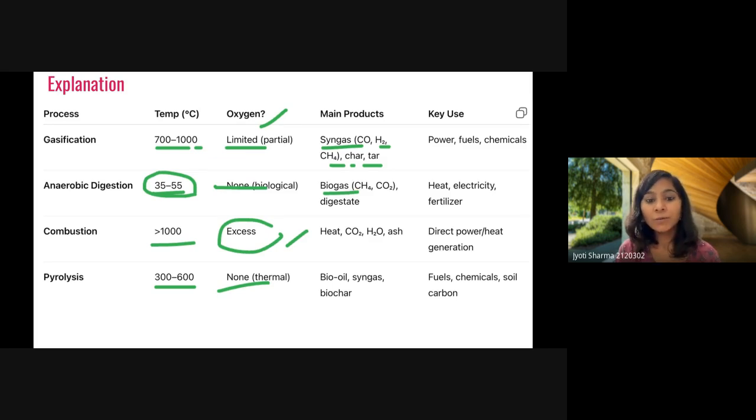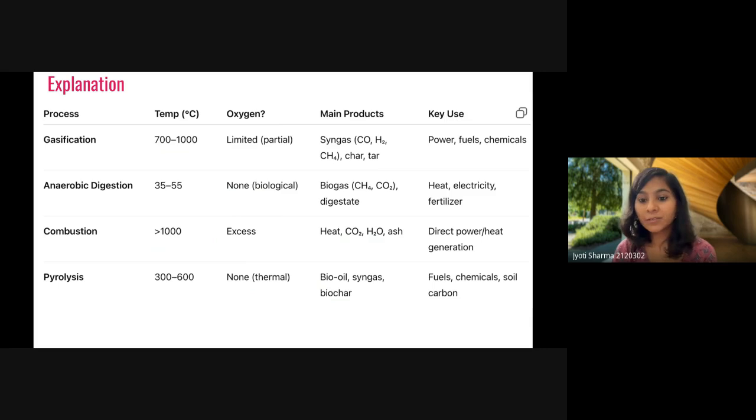For combustion, because it is in the presence of oxygen, we will have oxygen in each of these molecules. Then pyrolysis again will give you bio oil, syngas or biochar. So this is how we can differentiate between the processes. I think this is clear. Even if things are not clear, you can let me know, and I will try to discuss it in more detail.